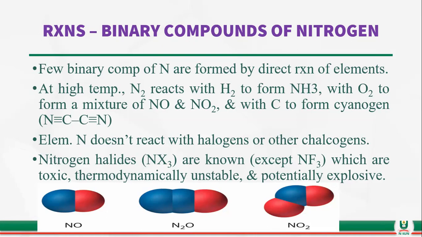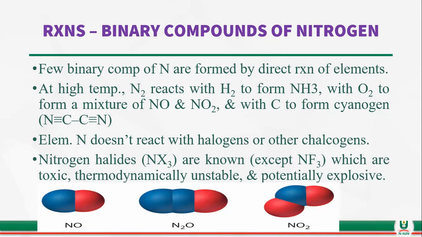We are not counting element by element, we are counting what is different. You have nitrogen and you have oxygen. So NO is a binary compound, N2O is a binary compound, and NO2 is a binary compound. And it can also form a triple bond with carbon to form what is called cyanogen, as you can see in that structure.